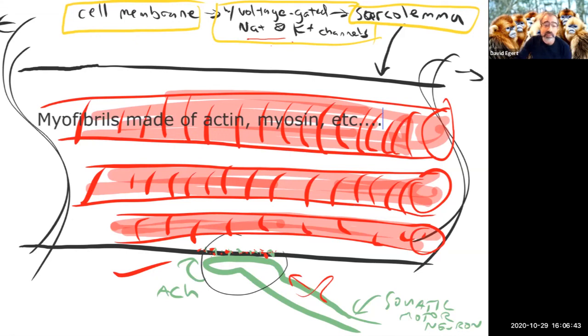Other things we need to make this picture or be able to discuss excitation contraction coupling. There's a specialized version of the endoplasmic reticulum within the cell, which we call the sarcoplasmic reticulum. So let's put that in here.